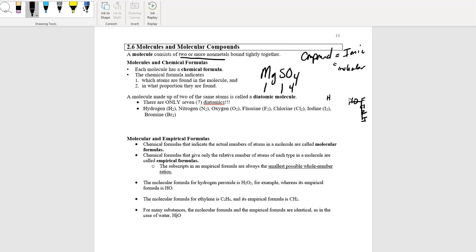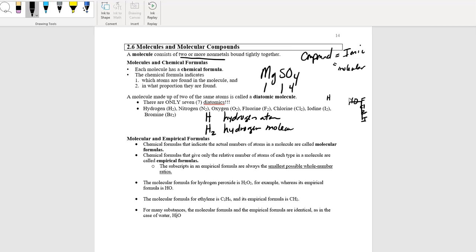Once again, when you name the 7 diatomic molecules, it always trips students up. If I just said H, that's a hydrogen atom. But if I say H2, then that's not an atom anymore. I have 2 H's bonded together.